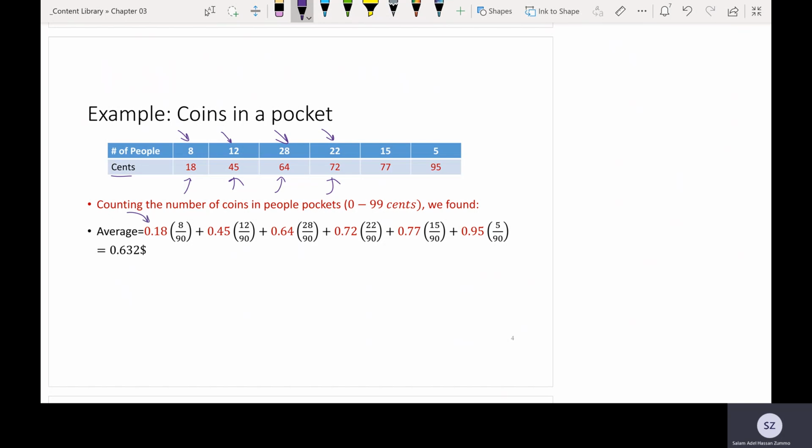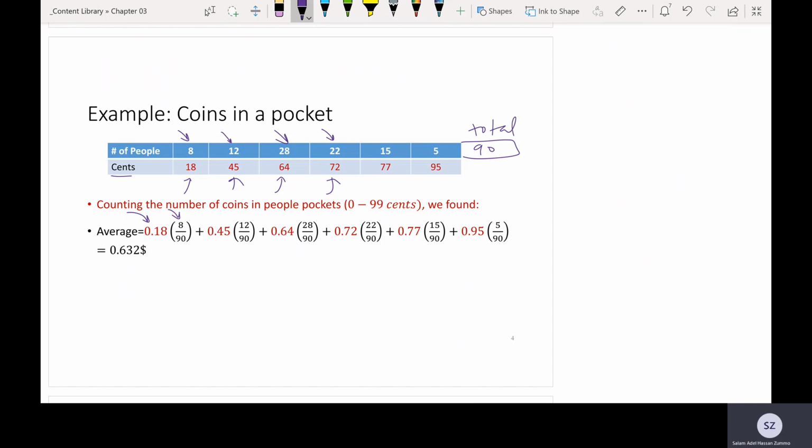So it's basically how many cents in a dollar, which is 0.18. 18 cents is 0.18 multiplied by the number of people having 18 cents divided by the total. The total is 90.